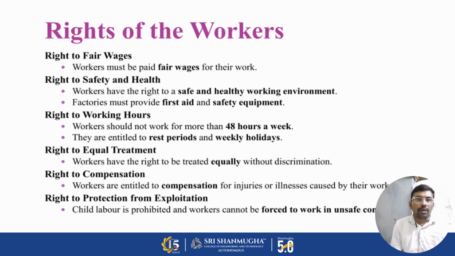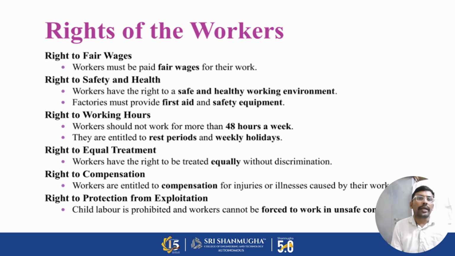So what are the rights of the workers in the Factories Act of 1948? The right to fair wages, the right to a safe and healthy environment, and the right to fixed working hours. Working hours means 48 hours in a week, and it also includes rest periods and holidays.